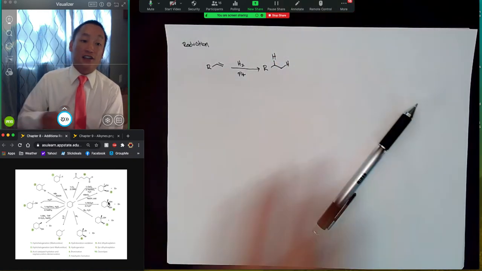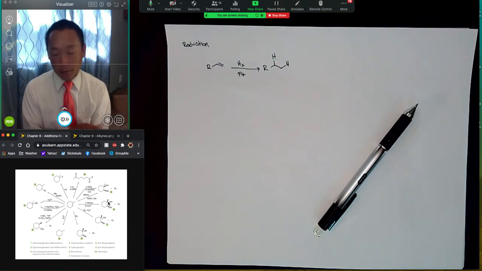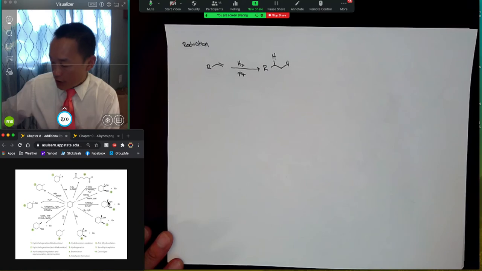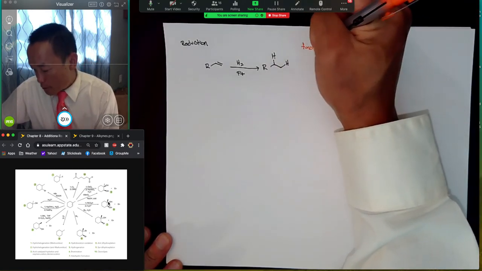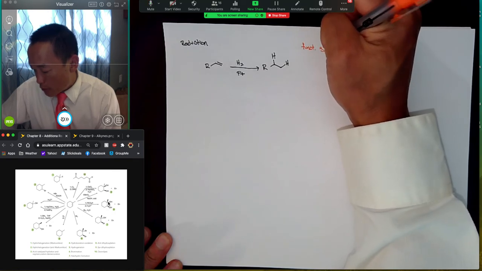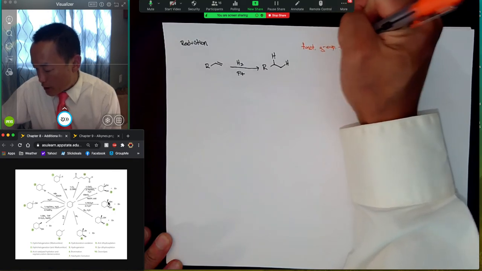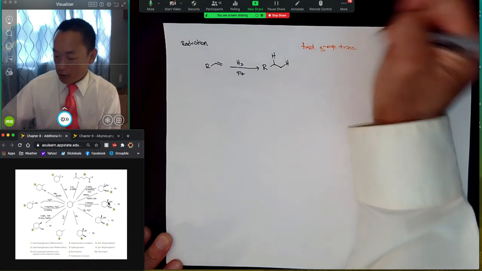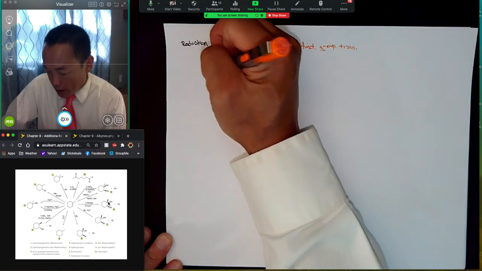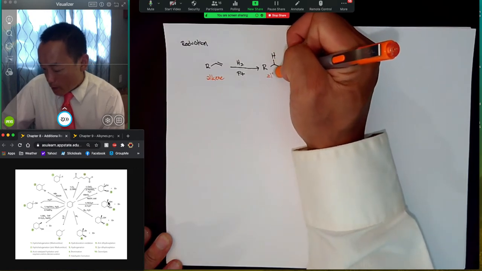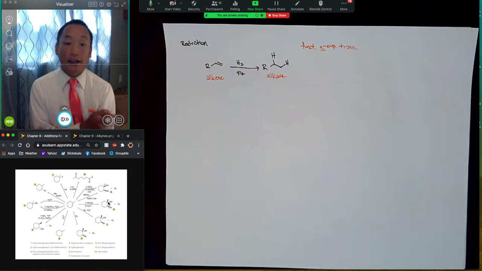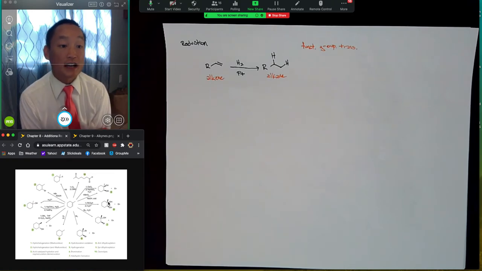And you just add 2 hydrogens to that. This is a reduction reaction, and so first, the functional group transformation that occurs, we are going from an alkene to an alkane, completely saturating this.